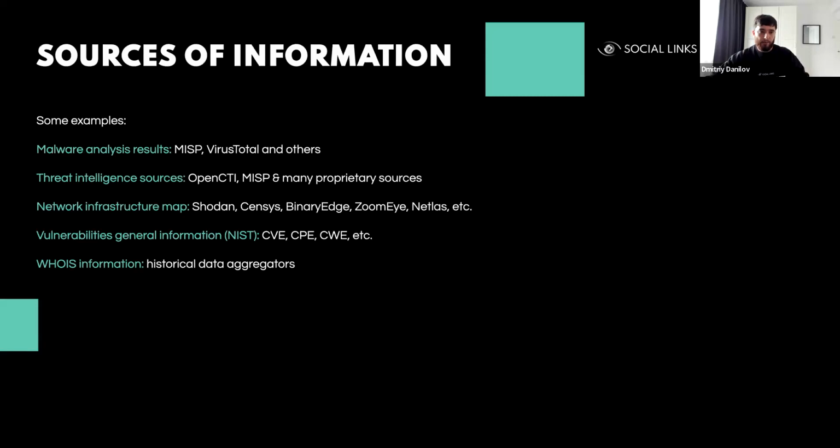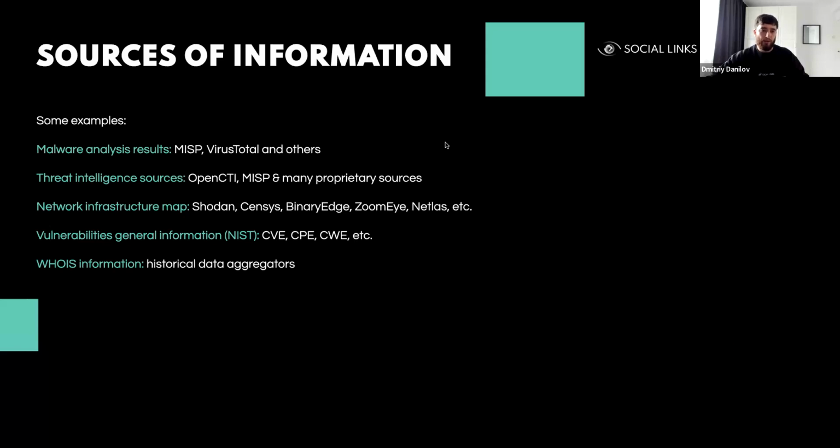So what about sources of information? Of course, there are lots of different sources, different platforms, including some open source and proprietary. If we are talking about malware analysis, we have some well-known names like VirusTotal or MISP, an open source threat intelligence platform, and we can get indicators like hashes, attributes of threat actors, and so on from these sources.